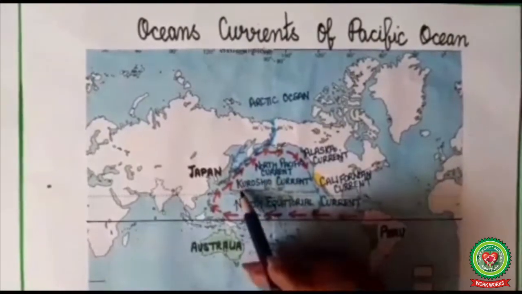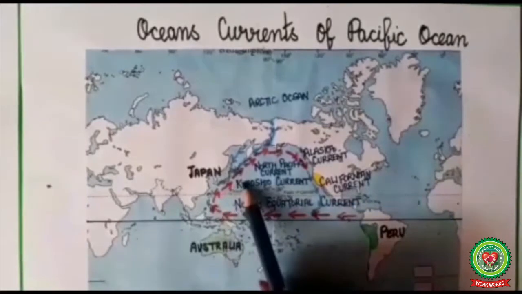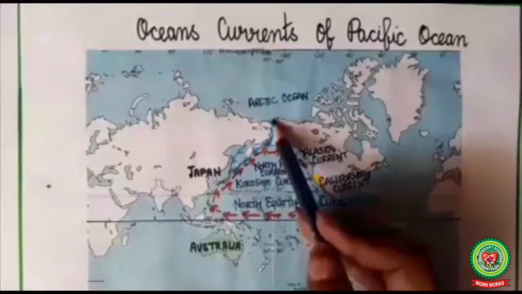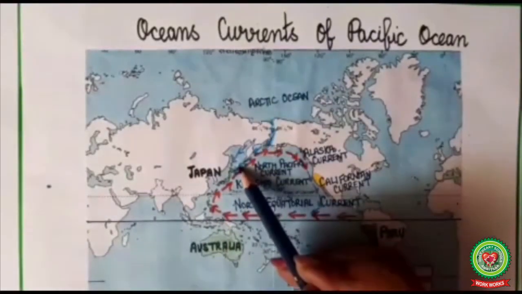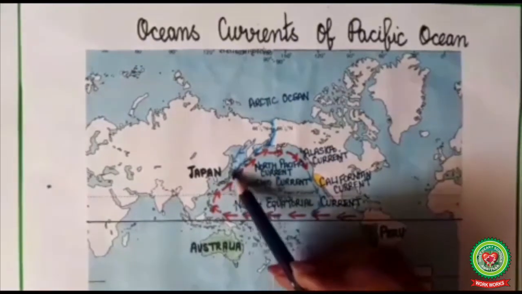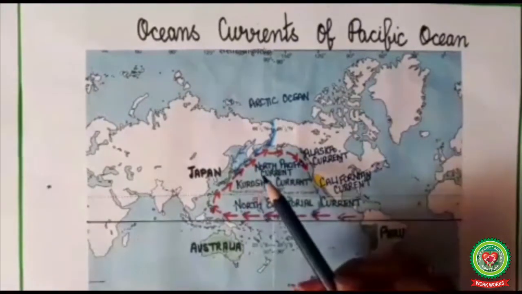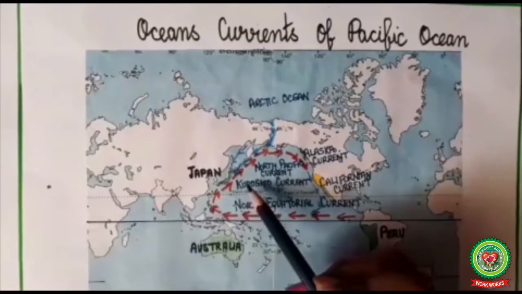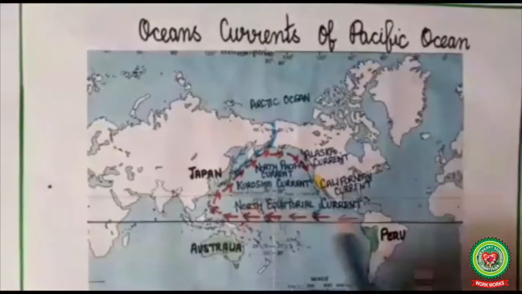As a result of the meeting of the warm Kuroshio current and the cold Oyashio current, thick fog is formed in the eastern coast of Japan, which is again not good for navigation as it hinders visibility.